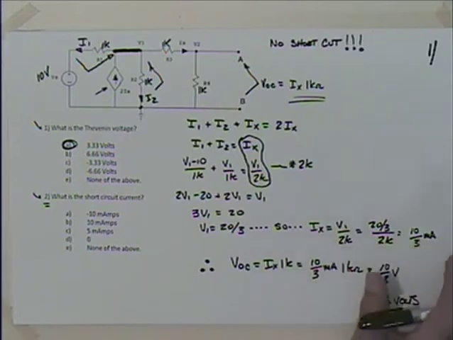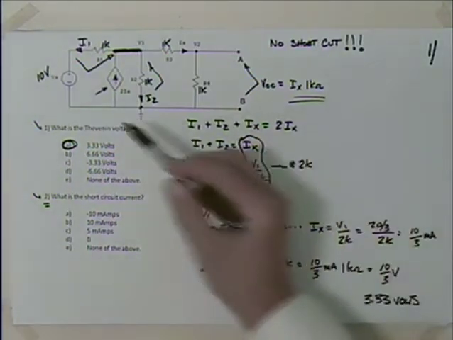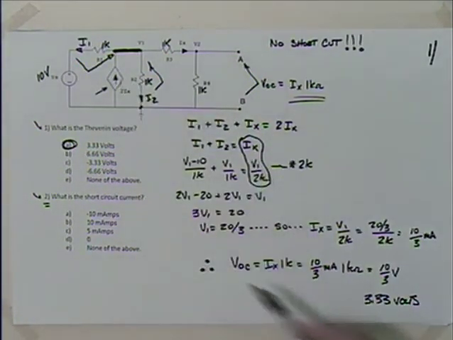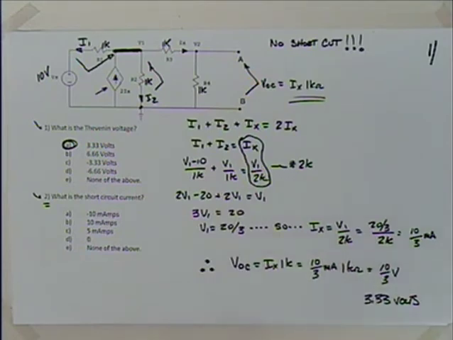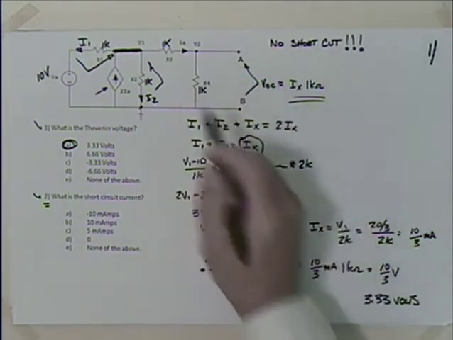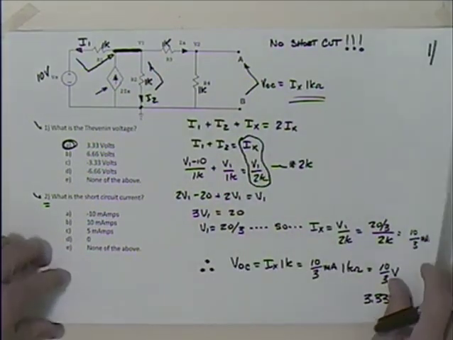So, pretty straightforward. Had we not had this in here, then once we've got the V open circuit, we could use our shortcut, shorting out our voltage sources, opening our current sources, and get our equivalent resistance. But we can't use the shortcut, so let's go on.